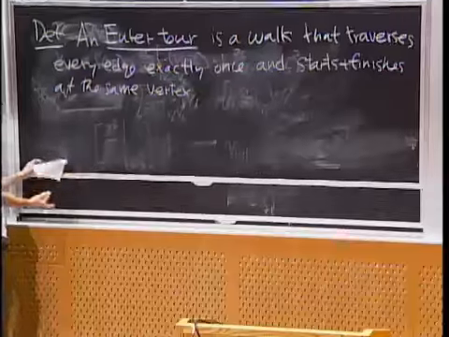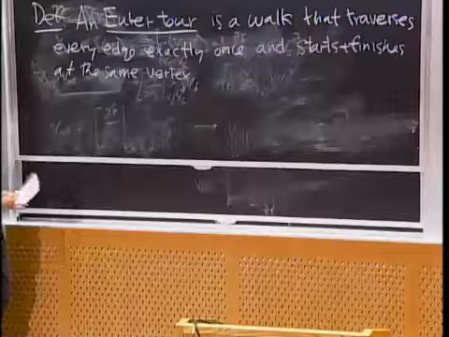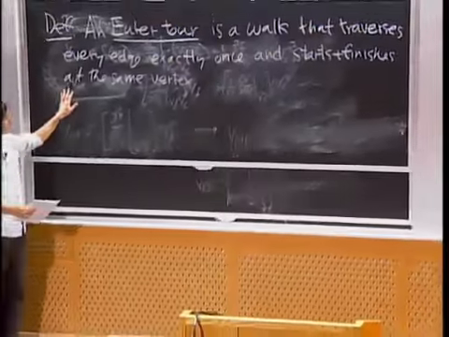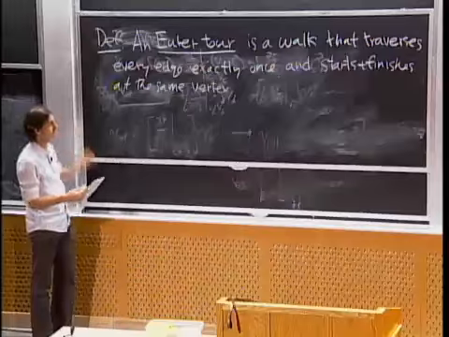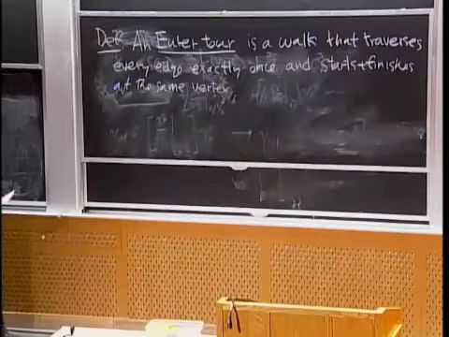Now, it turns out that undirected graphs, the graphs that we've been talking about, those that have Euler Tours can be easily characterized. And that's the theorem that we're going to prove next.